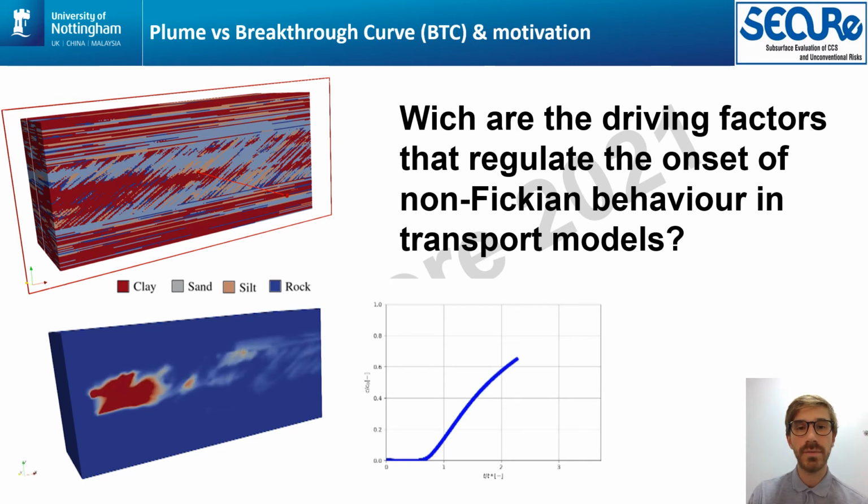A breakthrough curve is extracted and analyzed to understand the onset of non-Fickian transport. Several other tests were conducted by varying several parameters, such as Peclet number, correlation length, correlation function, permeability constant, boundary, and injection condition.